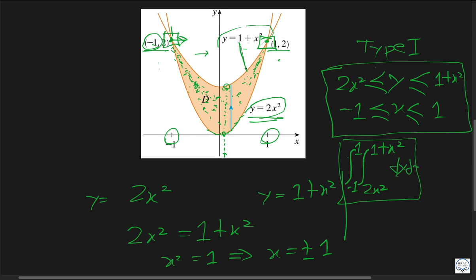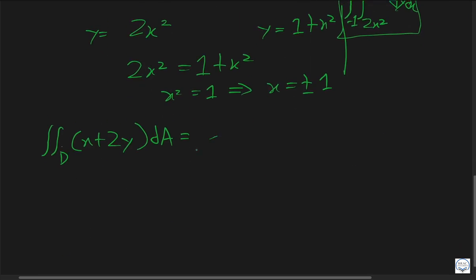Now that we know the limits for our iterated integral in the order where we do y first and x later, in a type 1 sort of situation, let's do that.